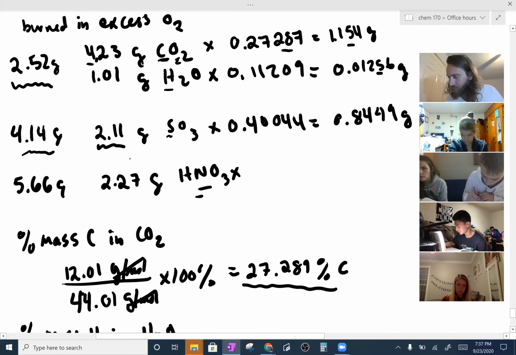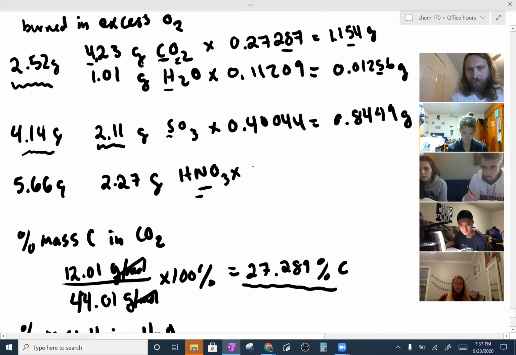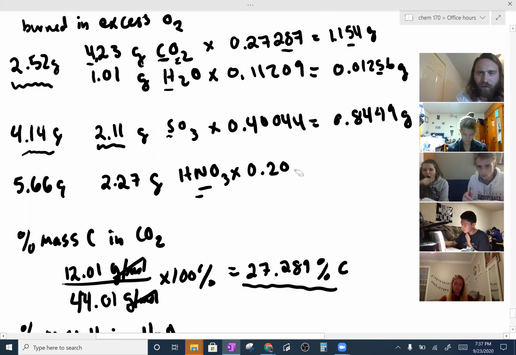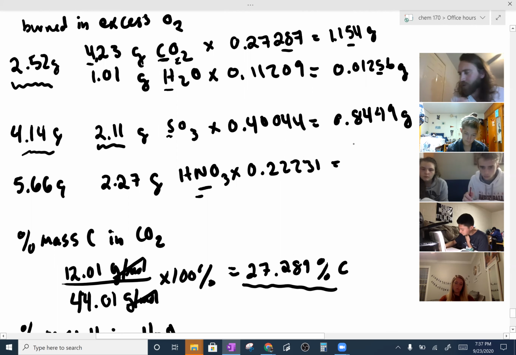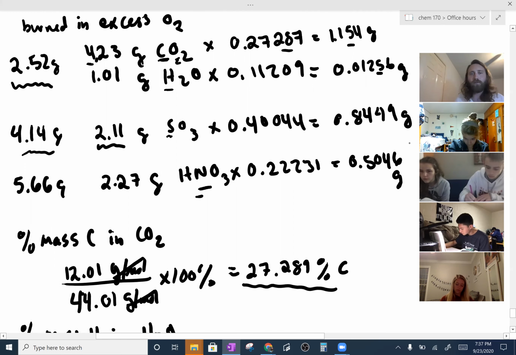So 2.27 times 0.2223 is equal to 0.5046 grams of nitrogen.